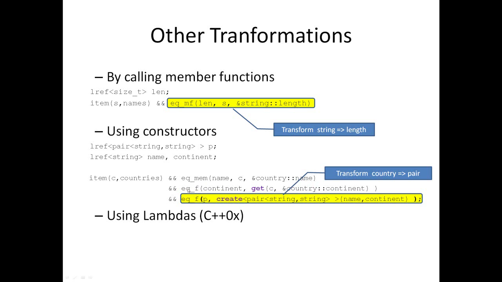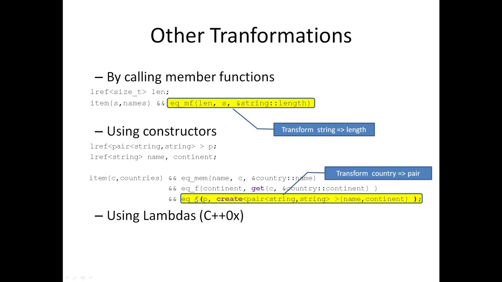So you could very well write this second extraction of a continent using EQ_mem. But just for demonstration, I'm using name dial get. And then once you have both the name and the continent, you use the name dial create to instantiate a pair of strings and pass the name and the continent as arguments to the pair constructor.